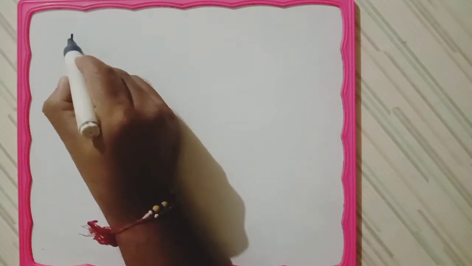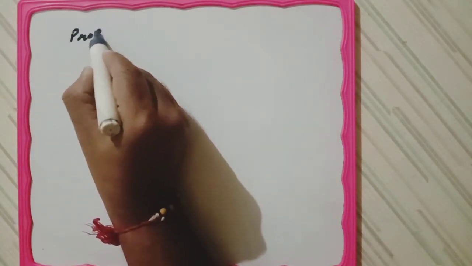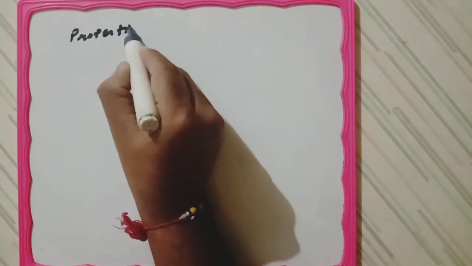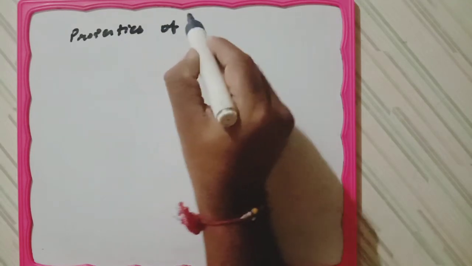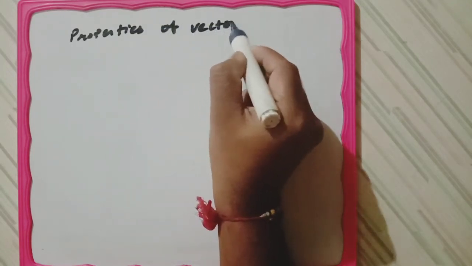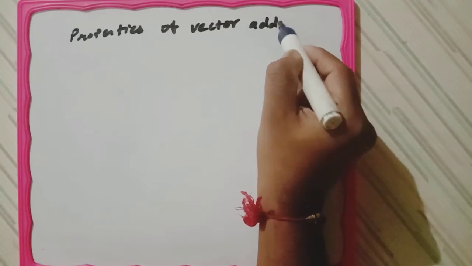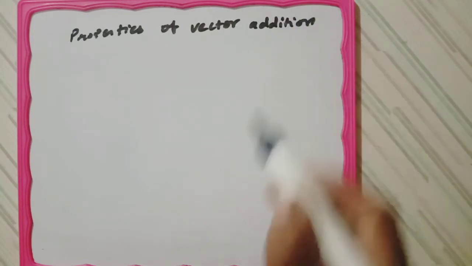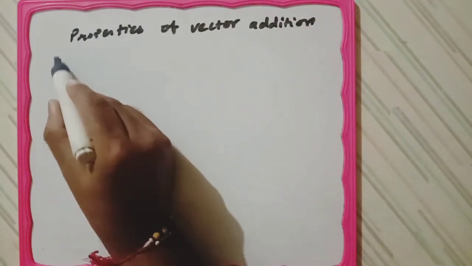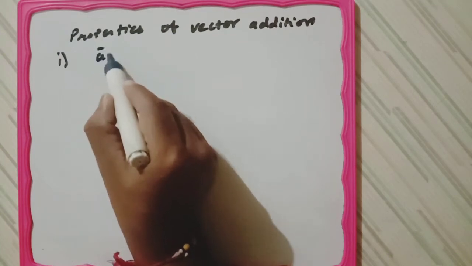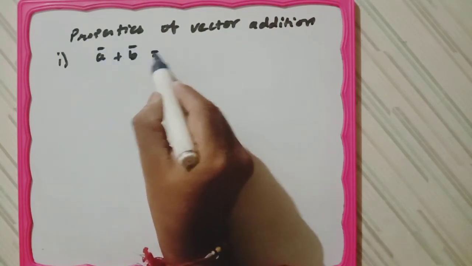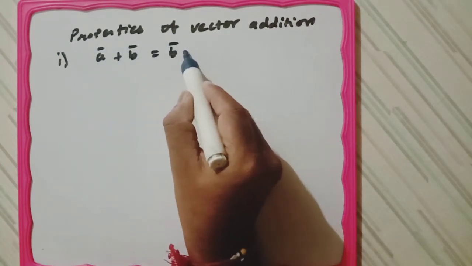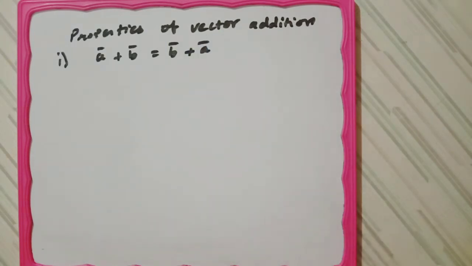Now we will see the properties of vector addition. The first property is that vector addition is commutative: A bar plus B bar equals B bar plus A bar. So how can we see this?